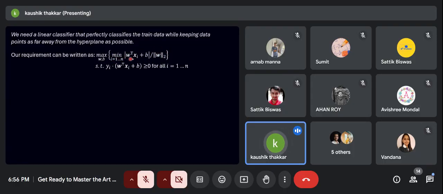W transpose Xi plus B upon mod of W was the distance of the point Xi from the hyperplane parameterized by W and B. We look at all those distances and take the minimum one, so we are looking at the closest point to the hyperplane. Now we want this closest point to be as far as possible, so we want to maximize this again.